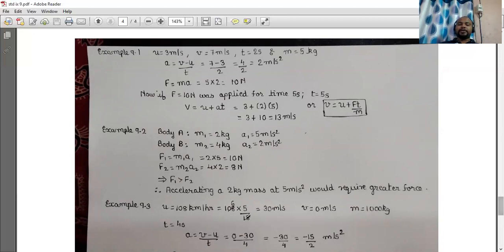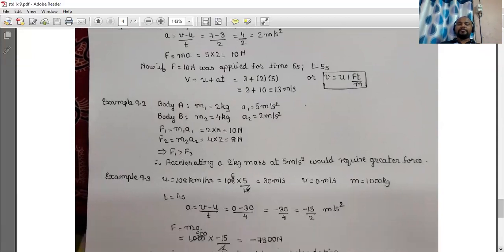In the third example, you are given a vehicle is moving with 108 km per hour velocity. It comes to a stop after applying brake within 4 seconds. The mass of the vehicle along with the passenger is given to us. So in order to find force, we require to find acceleration.